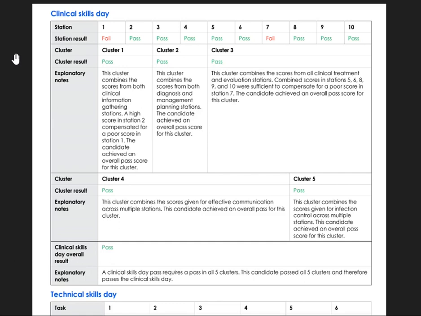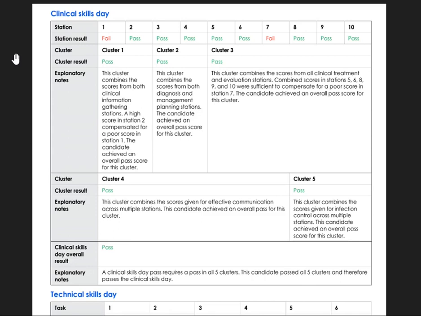The first one, although he failed station 1, didn't fail it badly, so his score was compensated by the good score in station 2. The next candidate failed station 1 as well, just like the first candidate, but he failed it badly. So the good score in station 2 was not sufficient to compensate for the very bad score in station 1. So the candidate failed cluster 1.